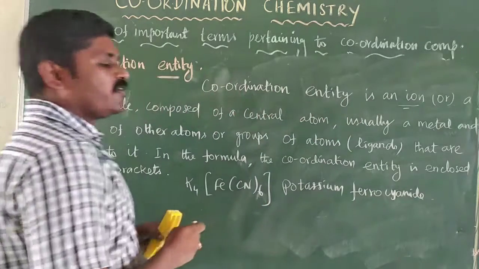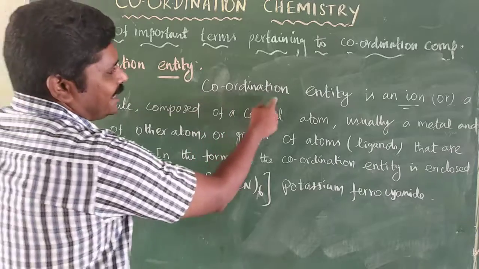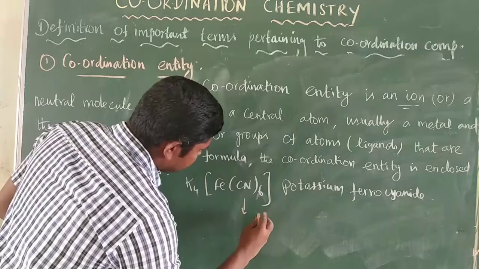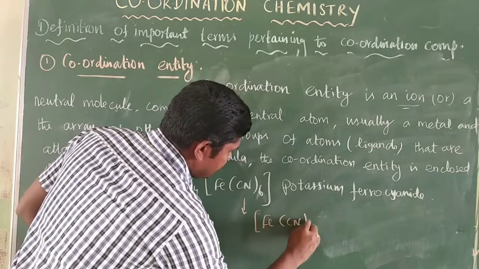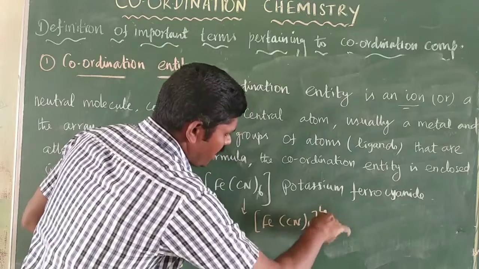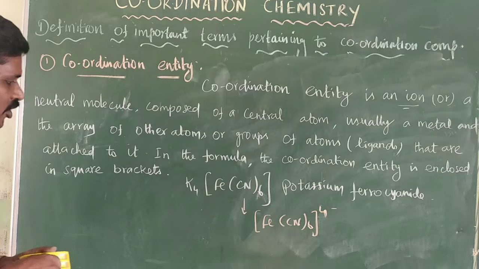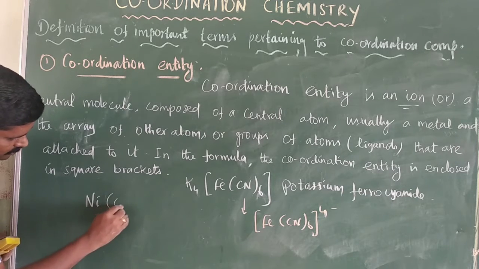So the coordination entity is [Fe(CN)6]4-. Another example is nickel tetracarbonyl.